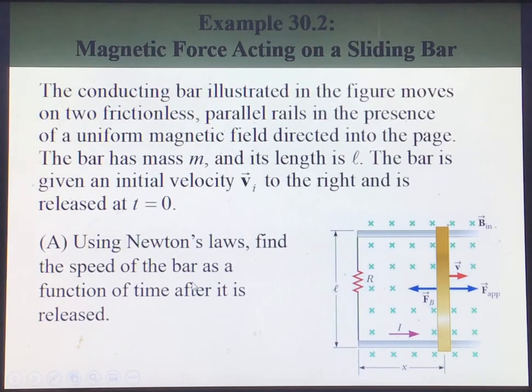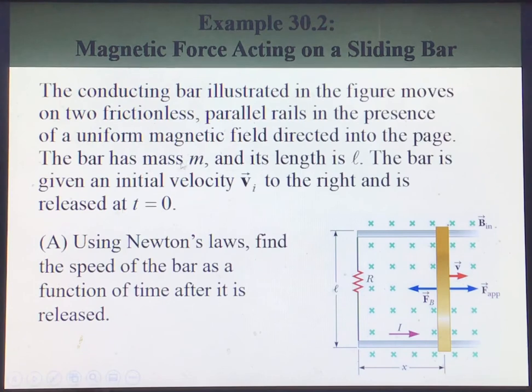All right, now let's look at example number 30.2. In example 30.2, we're going to look at the magnetic force acting on a sliding bar. The picture here illustrates what we're going to be looking at. We have a conducting bar that is placed in the presence of a uniform magnetic field that is directed into the page.